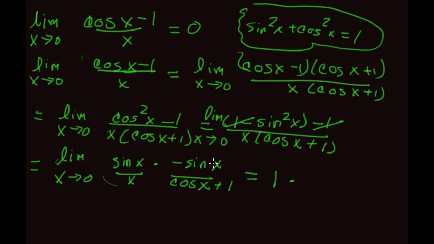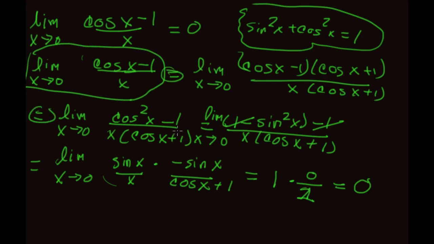This is going to be 0 over 0 plus 1, which is 1, and 1 plus 1 is 2. So we've got 1 times 0, which is 0, which is what we tried to prove. Through a chain of equal signs and some mathematical manipulation, this limit gets me to 0. But we needed this fact first, that this goes to 1.